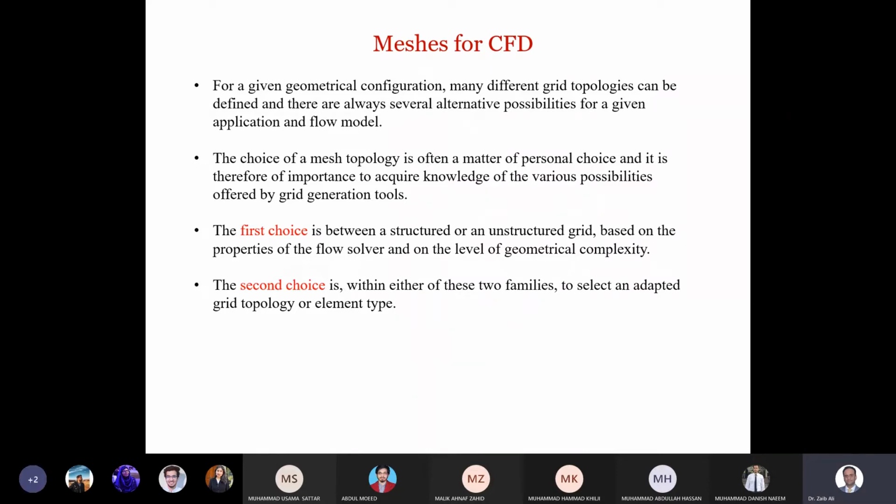For example, if you have high flow gradients or shock waves somewhere, then to capture those shock waves more accurately, you want to refine the mesh only in that region. That is called mesh adaptation. That is another important area of research nowadays. The words mesh and grid are used interchangeably; they have the same meaning.